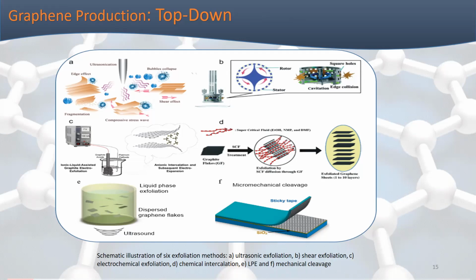LPE can be subdivided into diverse types such as solvothermal assisted, electrochemical, high shear mixing, ultrasound induced LPE, wet ball milling of graphite, and graphite intercalation, as shown in this figure. Some of the top-down methods to synthesize graphene, which illustrate the key process.